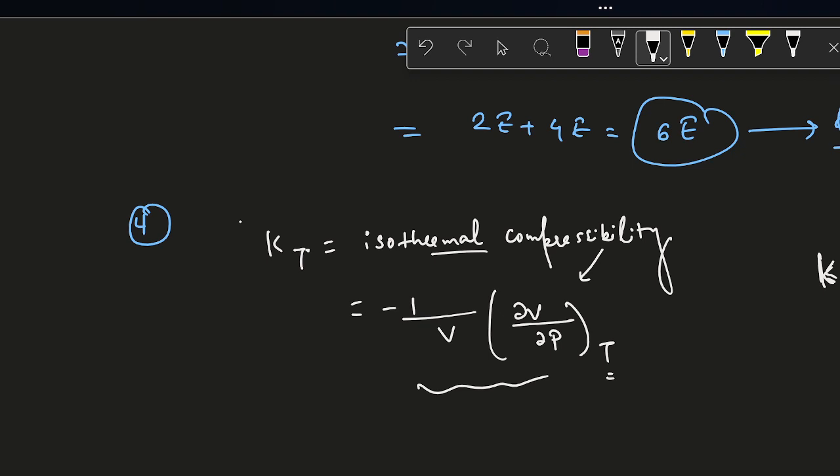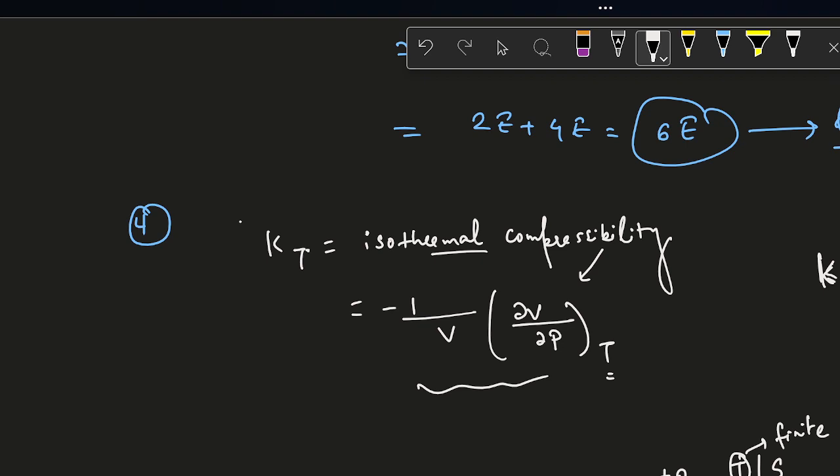And why this is also called adiabatic compressibility, for your knowledge, is basically because you know that from the first law of thermodynamics, dq, your heat exchange, is equal to TdS, right? But if entropy is constant, that means dS is 0 and temperature has a finite value. So to make this valid, you have to take dq to be 0.